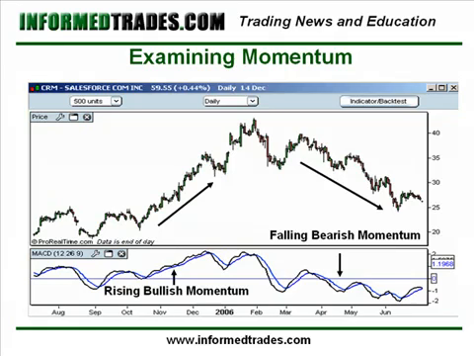Now, the purpose of the 9-period exponential moving average is to further confirm the bullish changes in momentum when the MACD crosses above the 0 line, and the bearish changes in momentum when the MACD crosses below the 0 line.